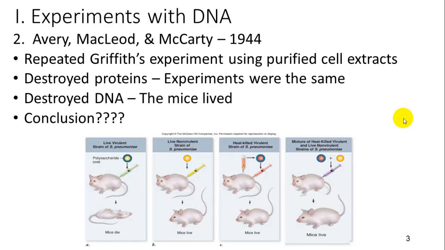So from this, they concluded that there must be some transfer of the DNA from the dead strain to the live one, which causes the non-virulent strain to become virulent, so the non-deadly strain to become deadly. This was the first clue that DNA is very important. It has some sort of instructions or some sort of changing ability within it.